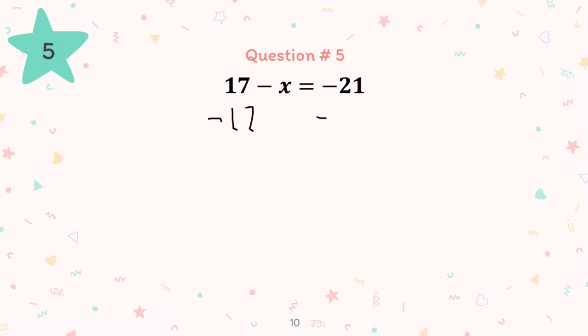So for this one, I did negative 17. And then what I do on the left side, I do on the right side. So I did negative 17 here, negative 17 here too. And then this equals x, but basically that.